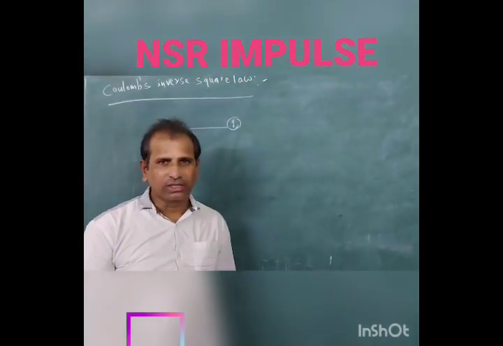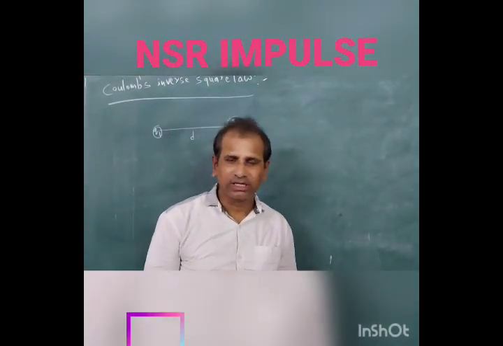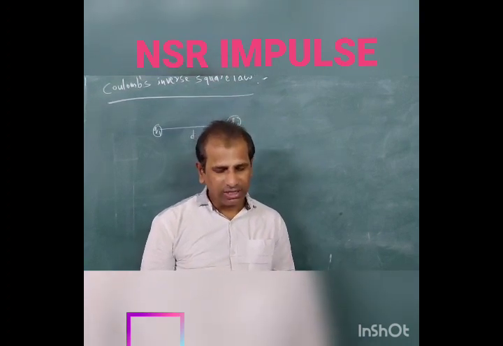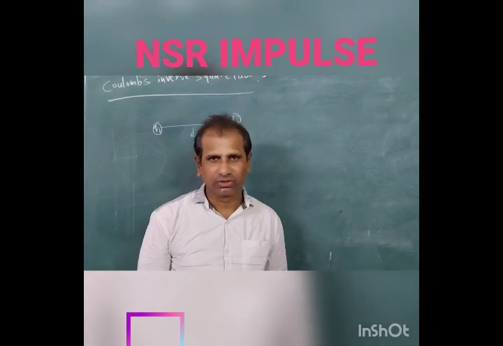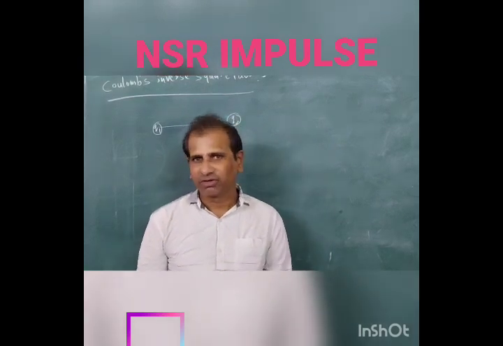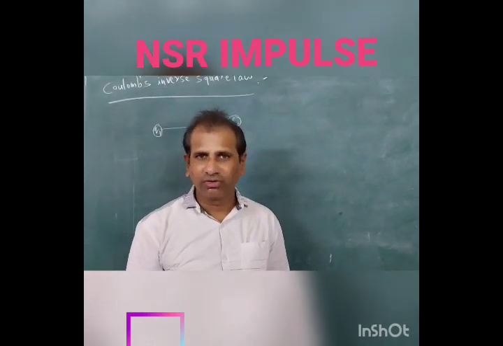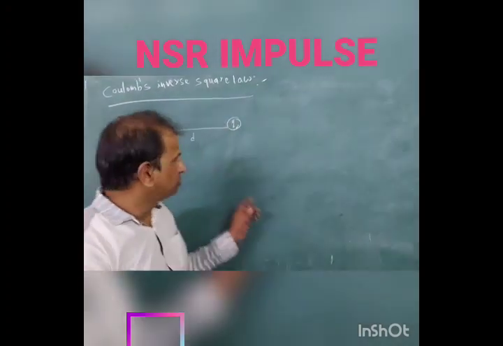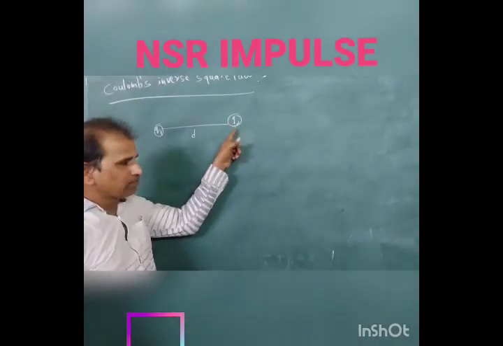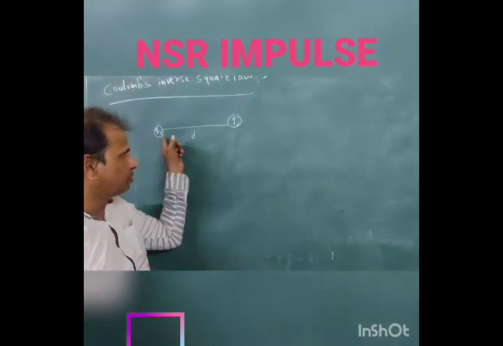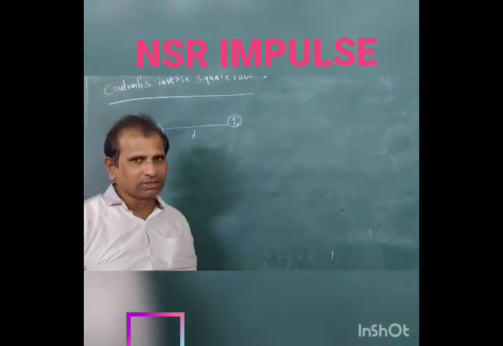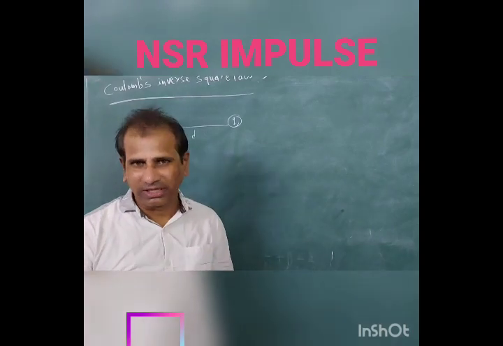So when two charges are separated by a certain distance d, then there exists between them either an attractive force or a repulsive force. Whenever two charges have the same sign, meaning the same nature, if both are positive charges, between them repulsion exists.